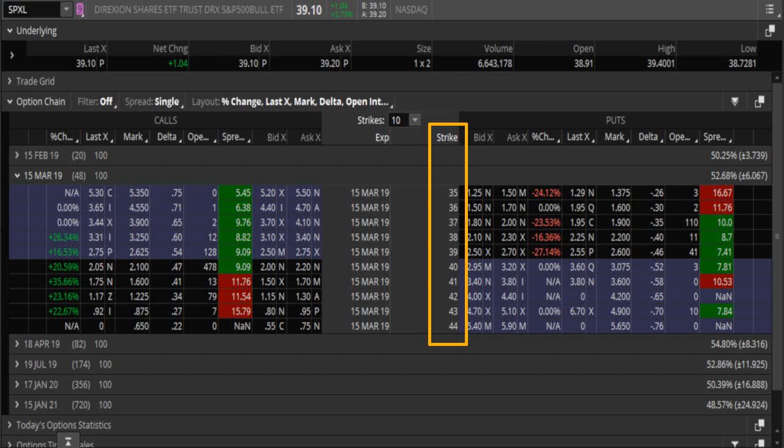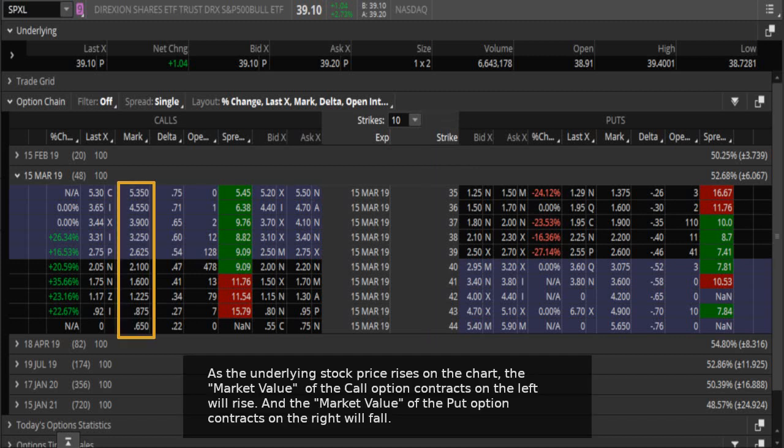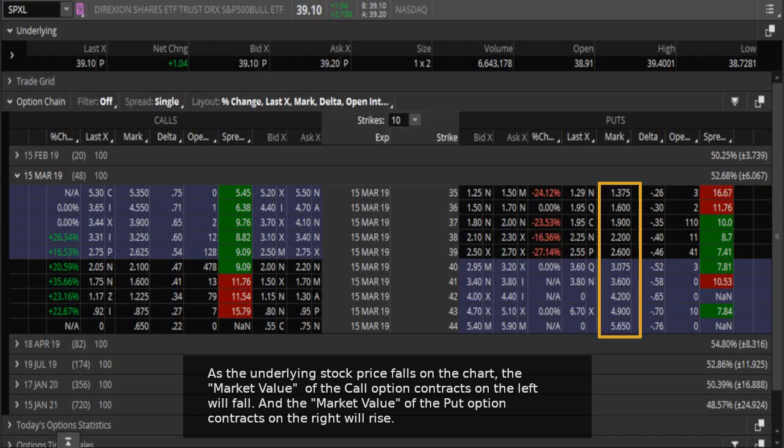As the underlying stock price rises to and past the strike price, the calls on the left become worth more the farther the underlying price keeps rising. While the price is rising, the value of the puts on the right side keep falling. As the underlying price starts to come down, the put values will become worth more and the calls worth less.